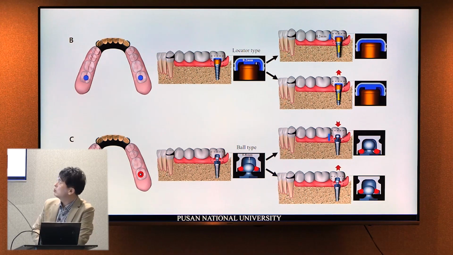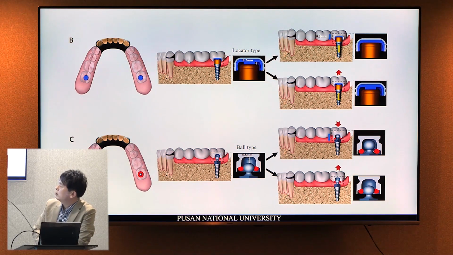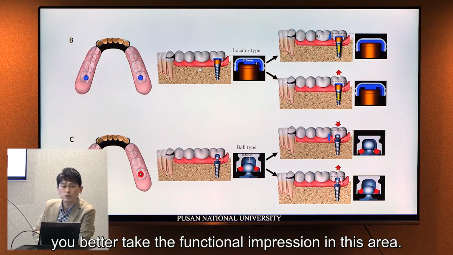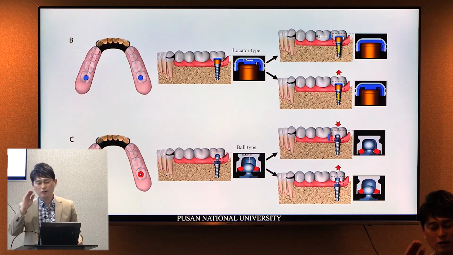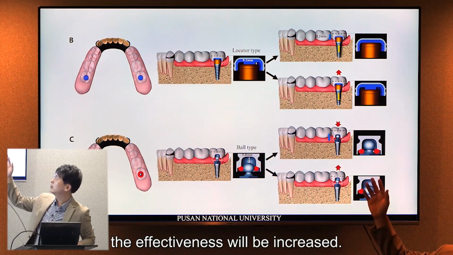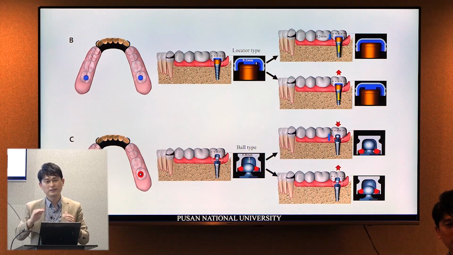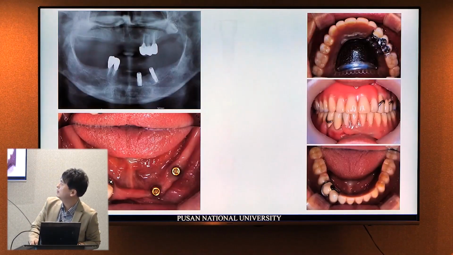So when you use the locator in the posterior part, you had better take a functional impression in this area. What I mean is, when you use a locator and take the impression with the functional impression technique, the effectiveness will be increased. Understand? Okay, I explained that already.